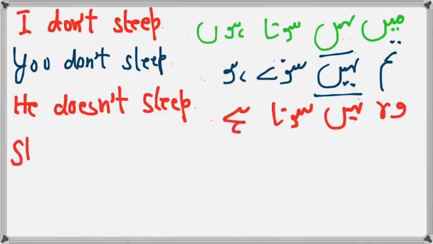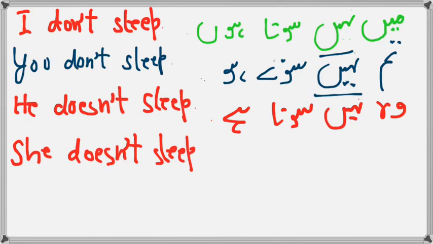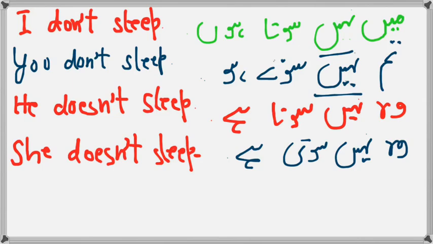She doesn't sleep. वो नहीं सोती है. And similarly for it, we can say वो नहीं सोता है and वो नहीं सोती है depending upon the gender of an animal, of a bird.